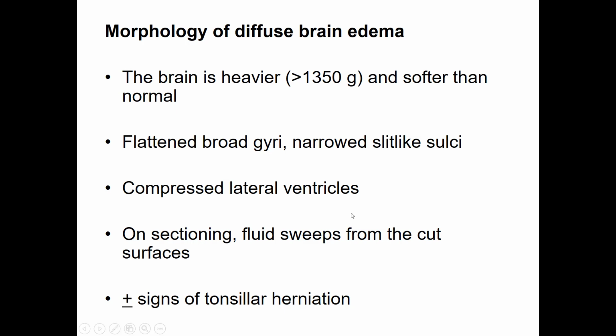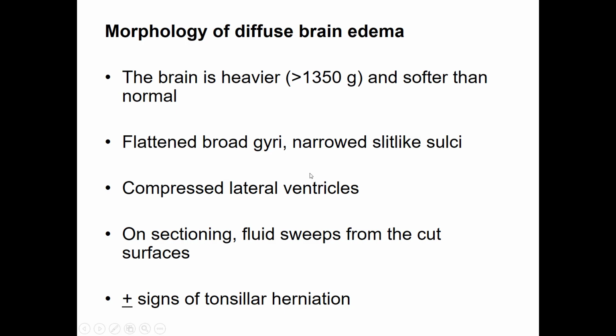So regarding the morphology of diffuse brain edema, one macroscopic feature is the increased brain weight, which is normally around 1300-1315 grams. It is also softer than normal on palpation, and it is very characteristic to have flattened, broad gyri and narrow slit-like sulci.